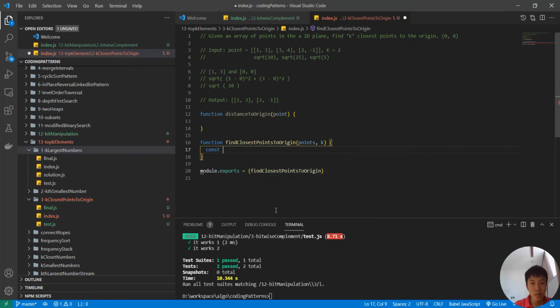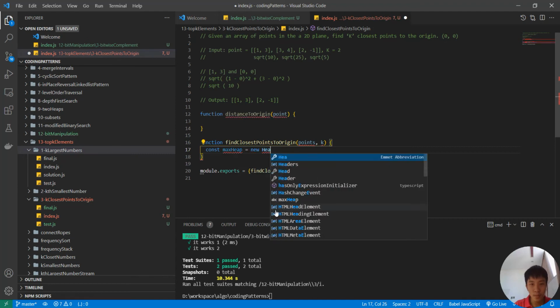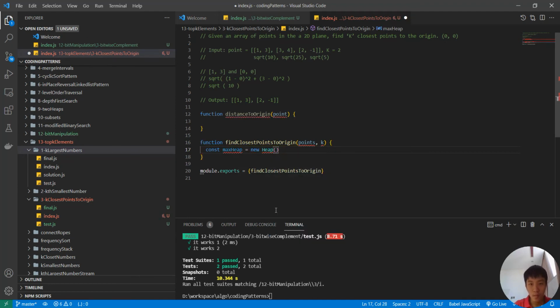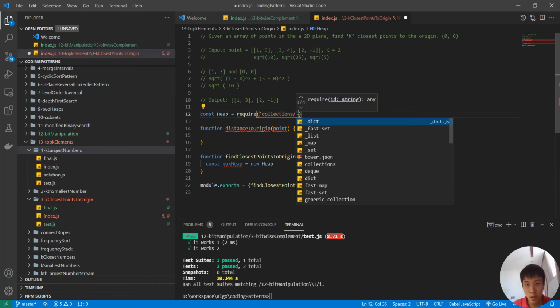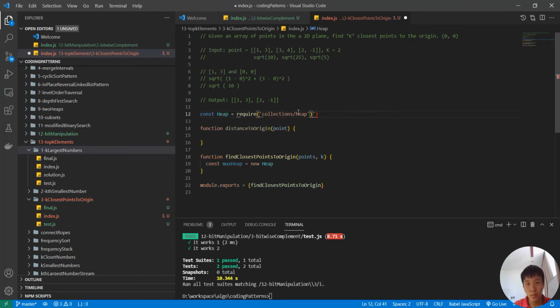So we're using a max heap, new heap. Let's say heap is not available in JavaScript, so we want to use a third-party library.